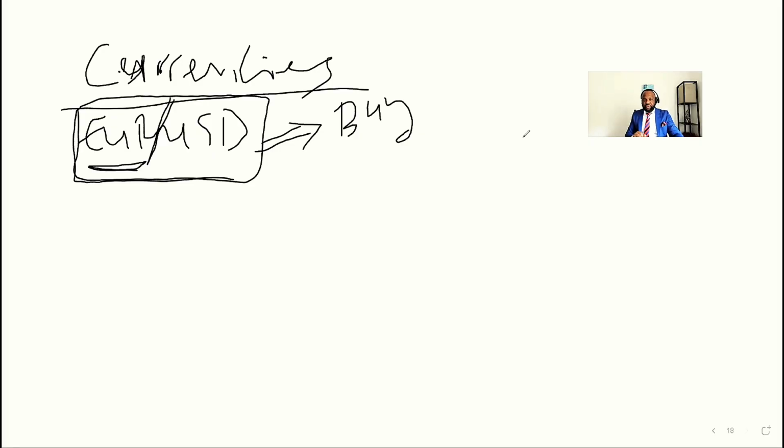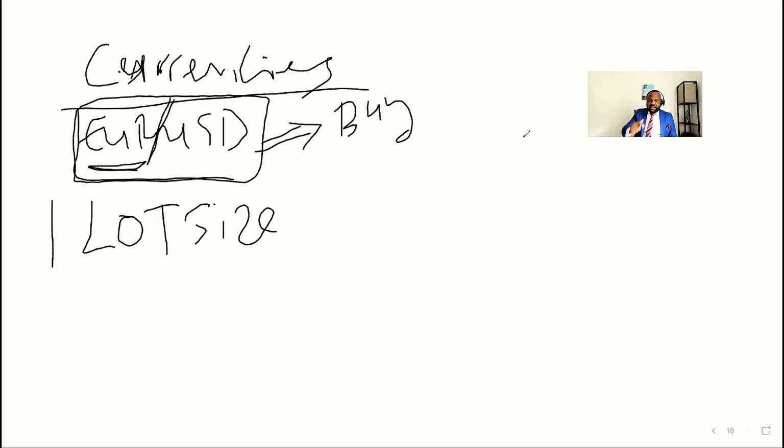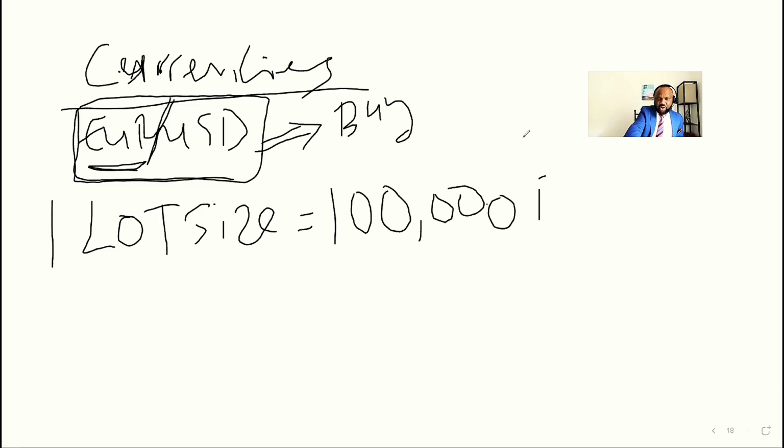So volume is what we're talking about. If I say I'm buying one lot size volume, or one lot size notional volume, what that means in technical words is that I'm buying 100,000 of my base currency.